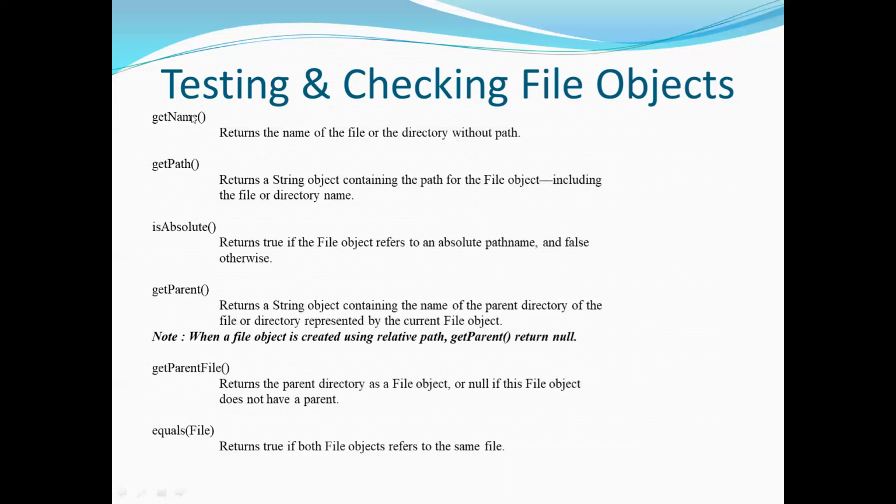Actually, in the background, code is written that filters all the files whose extension is .mp3. So only those files will be listed in your media player, which can be played by that player. No other file will be available in the media player. So these things can be done by using the file object.